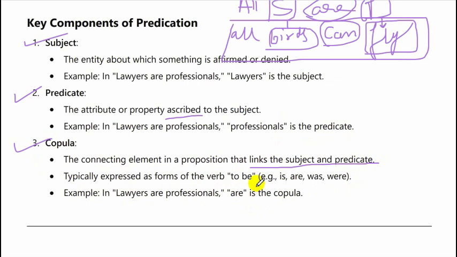Now, what kind of copulas can we see in different statements? Is, are, was, were. All of these different types of copulas can come in our sentences, and in exams they may ask what is the copula in this particular statement. Okay, lawyers are professionals. Of course, are is the copula.